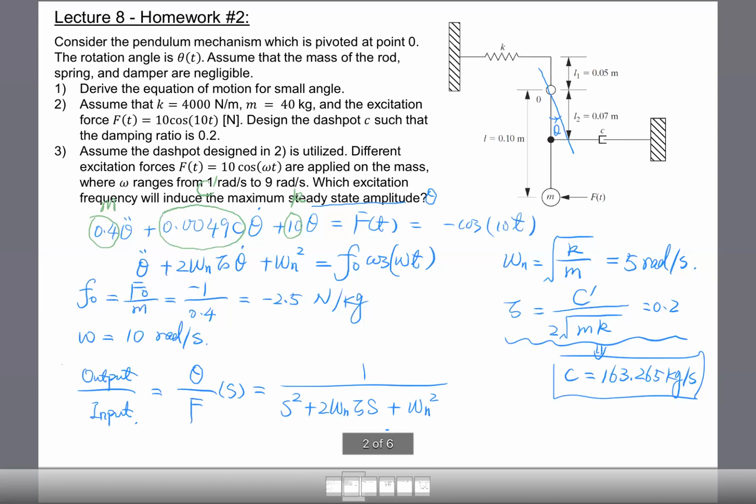Once you see a transfer function like this, I would suggest you go back to your notes and find where you have seen this before. In this case, it's displacement divided by force. That's definitely compliance, so you need to find the compliance transfer function in your notes. I think that is in lecture 8, slides 5 and 6.